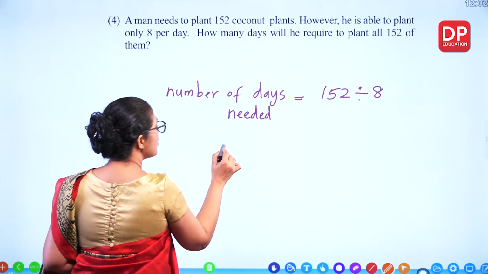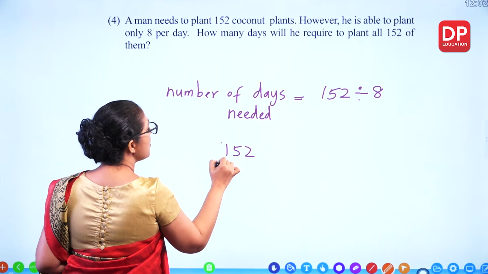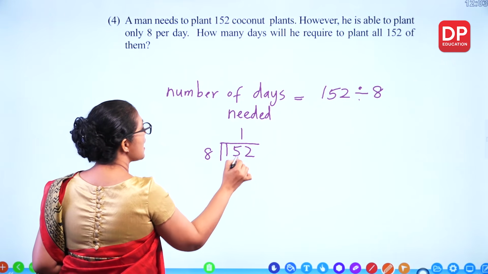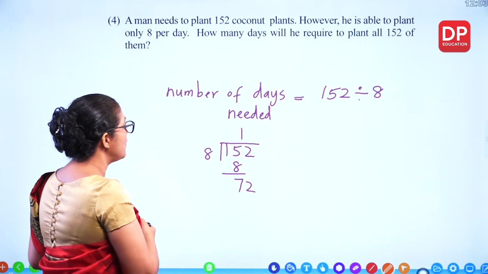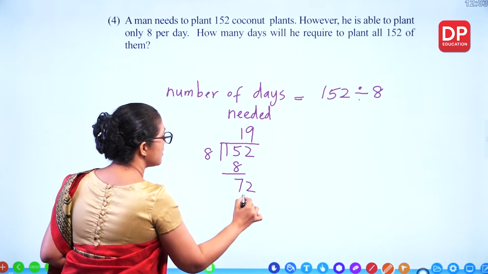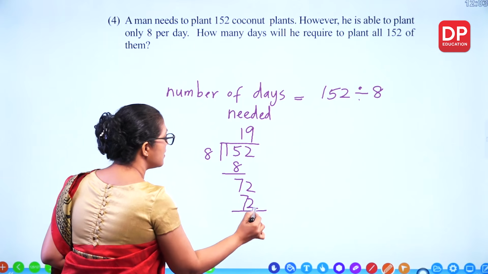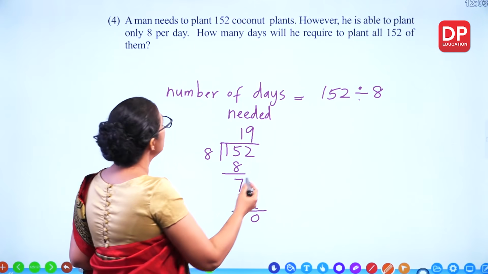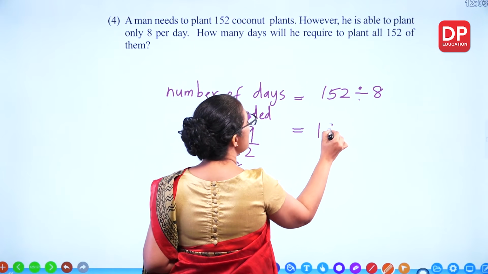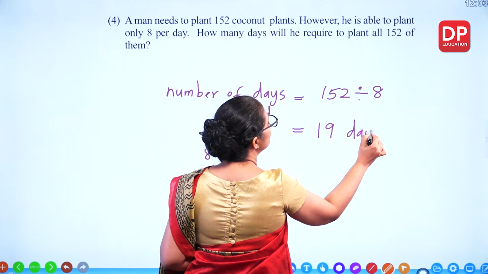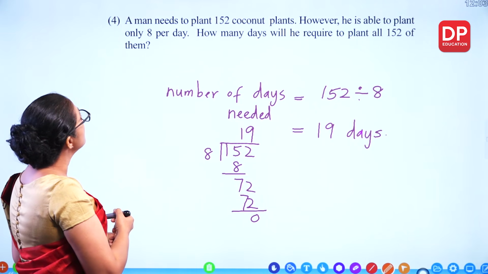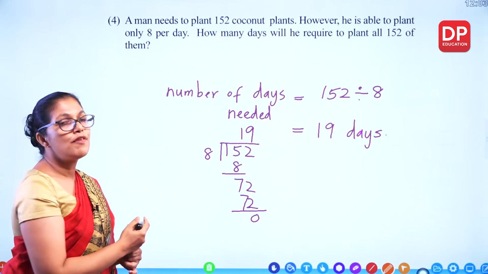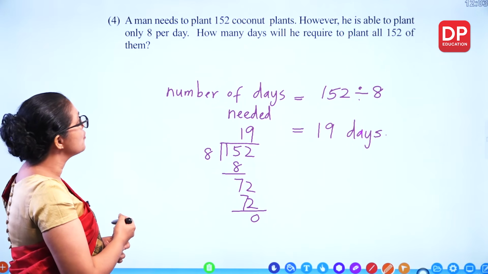So we do long division. 152 divided by 8. 8 times 1, 8. 7 remaining. For 72, this is 9. So no remainder. So that means he needs 19 days to plant all these 152 coconut trees.